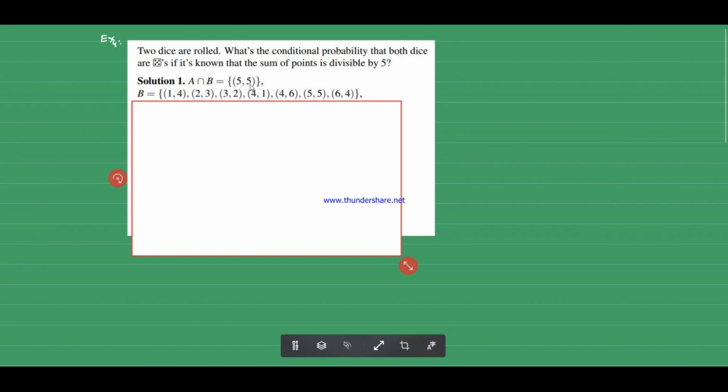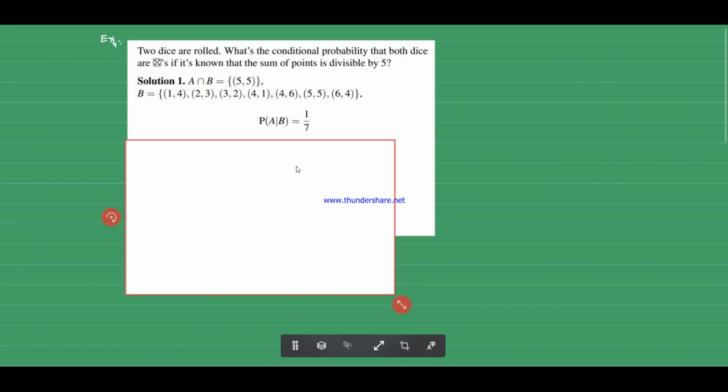You see, 5 plus 5 is 10, and 10 is divisible by 5, and both dice are number 5. The probability of the set B, divisible by 5, this is the condition right here, oh no, this is not the condition, this is what we want to find. See, the sum is 5, so we have 7 of them.